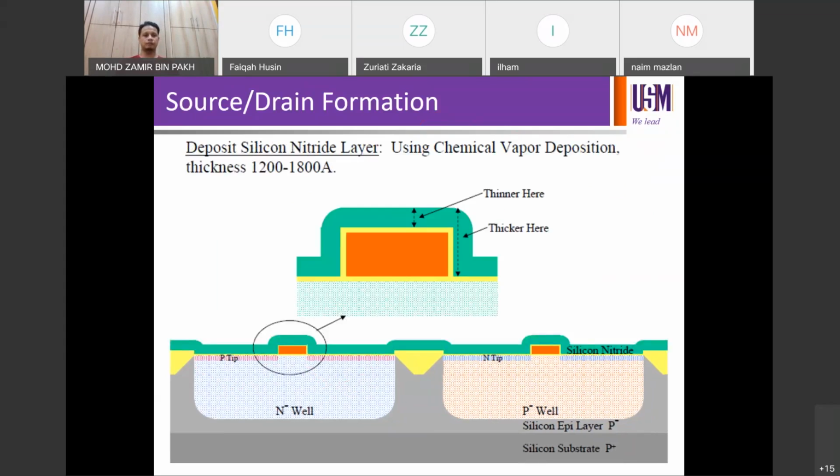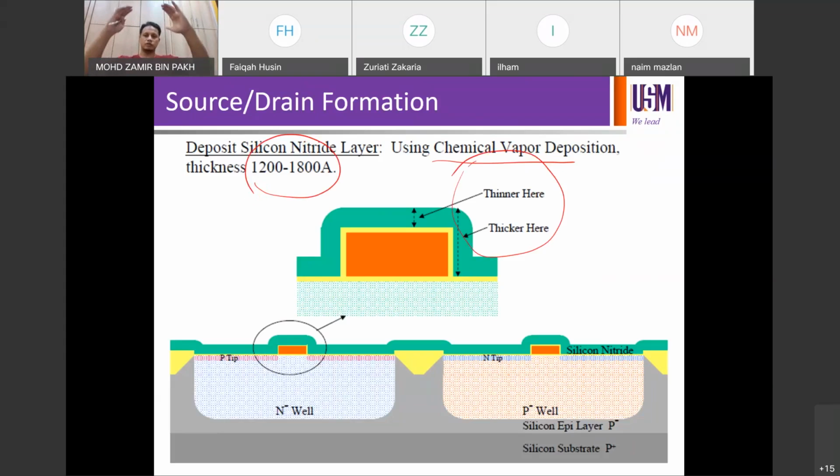Okay, next is to deposit silicon nitride. So deposit silicon nitride using CVD process, thickness 120 to 180 nanometer. So you have seen issues like step coverage last time, omnidirectionality or less omnidirectional.